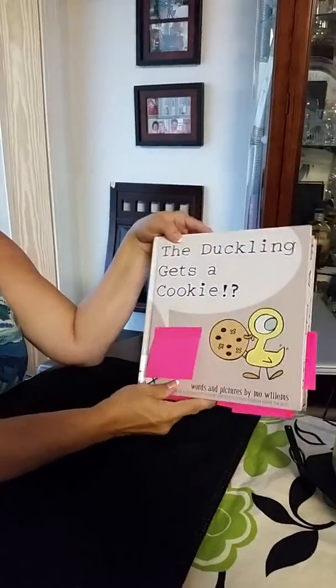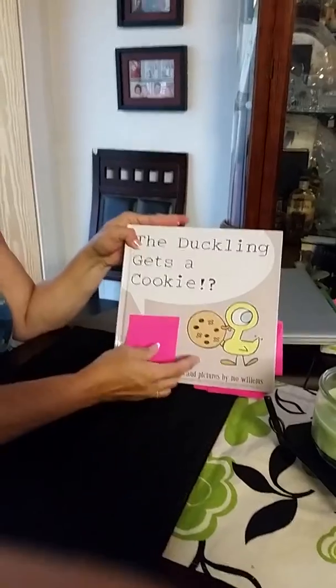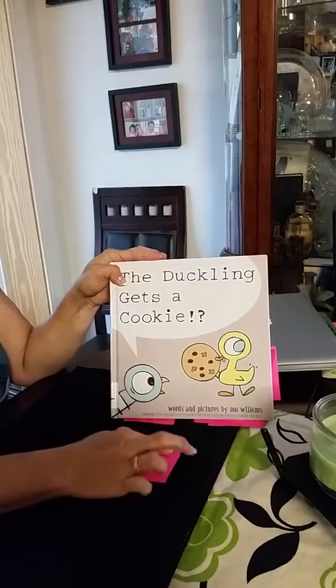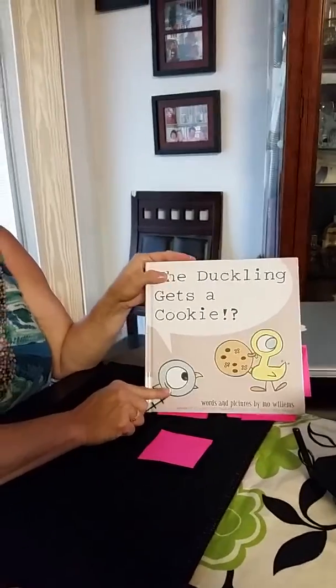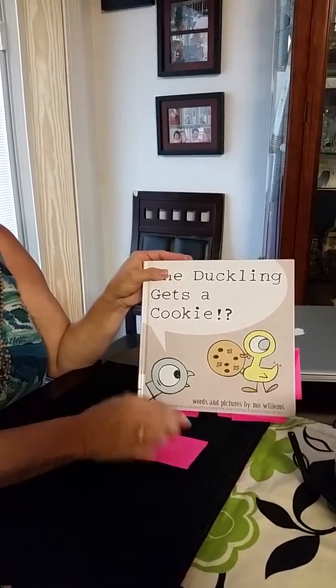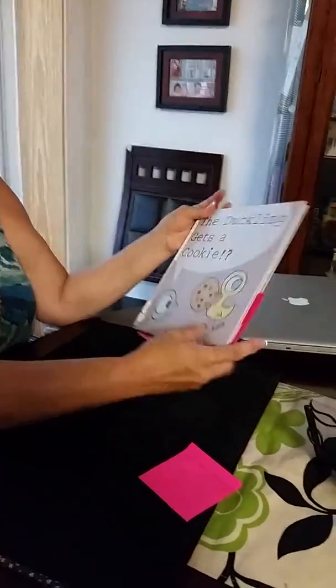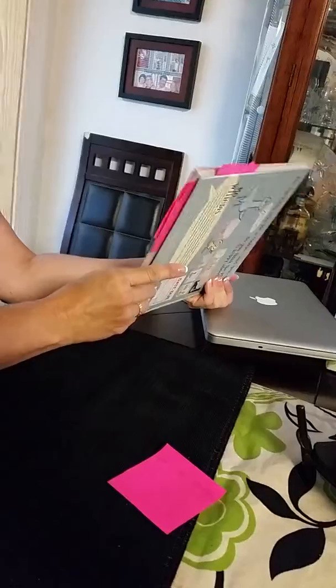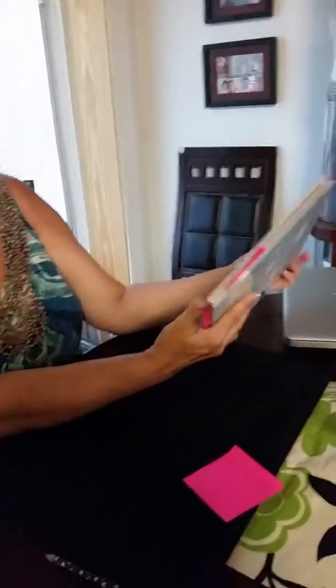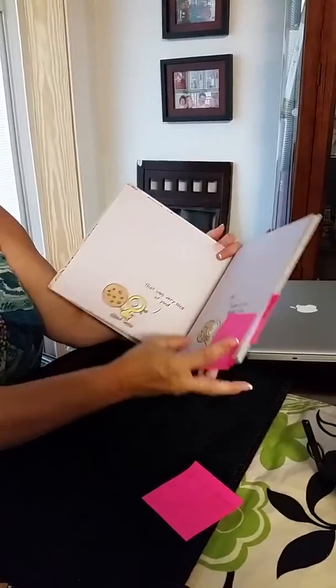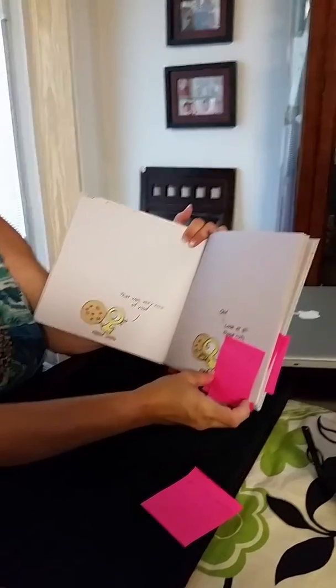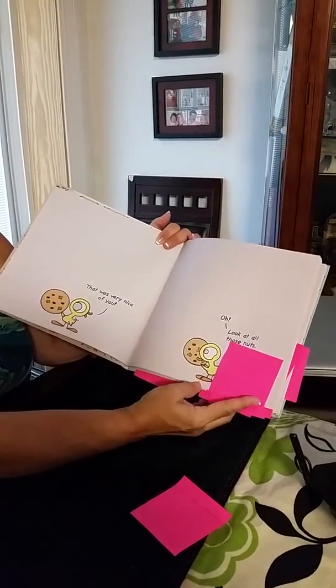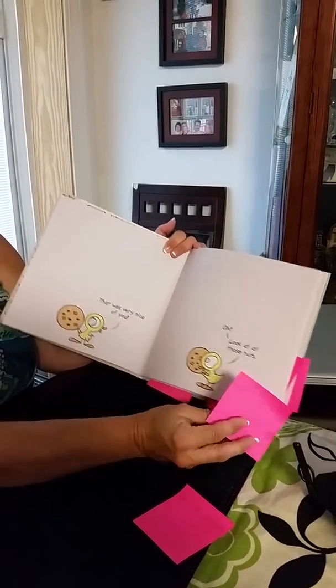The end. Let's go back and look at some of our questions that we had written down. First of all, we wanted to know who the other character was. We decided that it was a pigeon, so we did get that answer. Next, we looked at whether we thought the duckling really liked nuts or not.